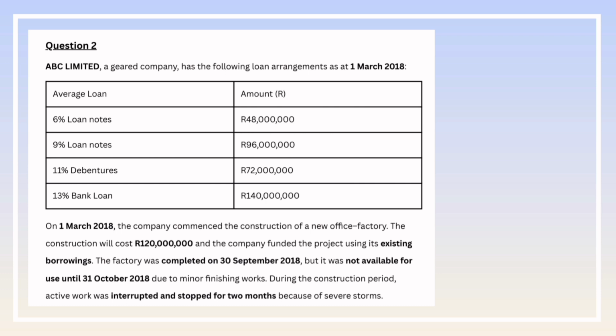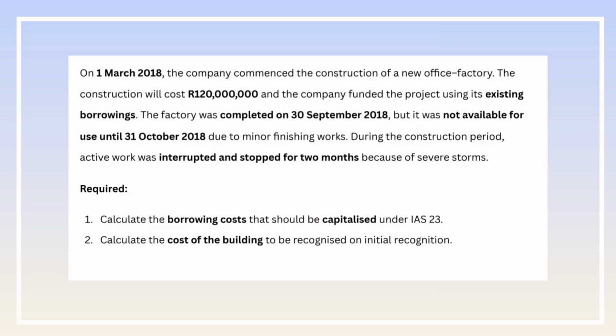During the construction period, active work was interrupted and stopped for 2 months because of severe storms. You are required to calculate the borrowing cost that should be capitalized under IAS 23. You are required to calculate the cost of the building to be recognized on initial recognition.